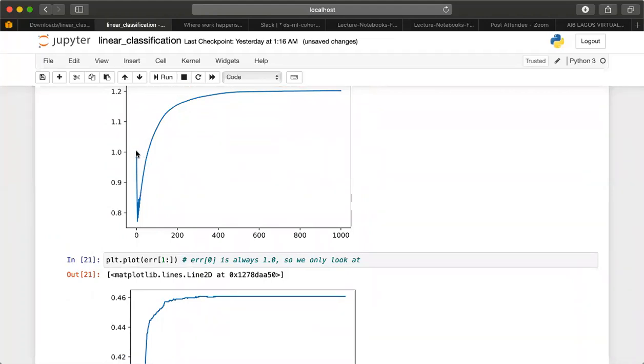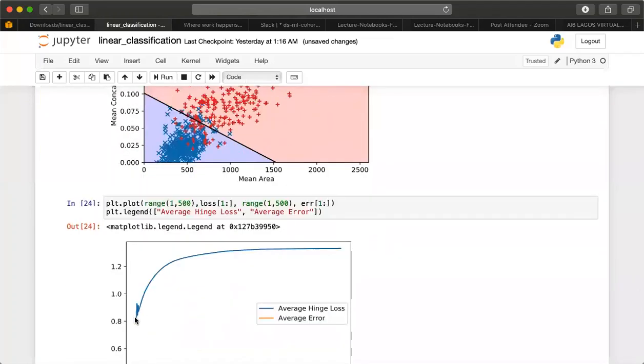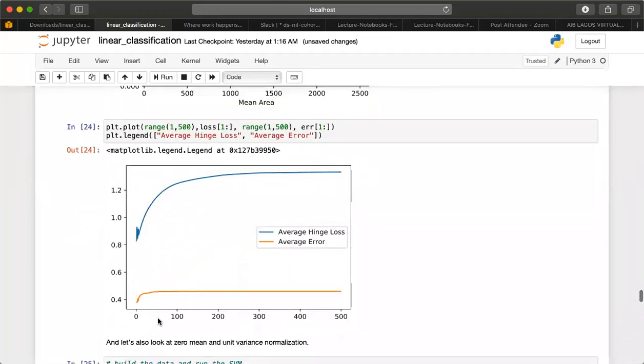The starting point of this one is kind of sharp, it just starts from 1 and then starts reducing gradually. But over here, you find that it didn't really have that jump start, but it still does the job. And this is the loss.